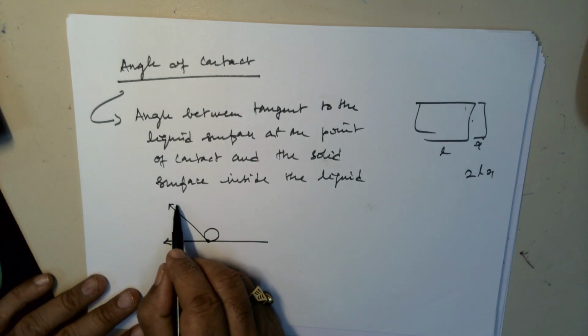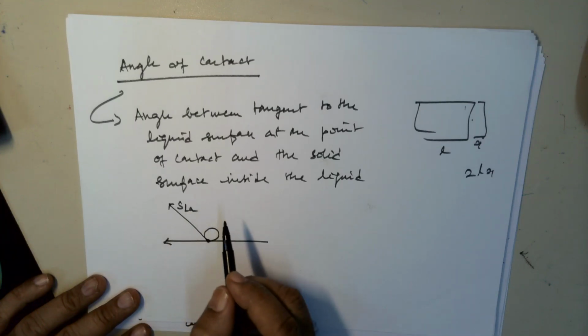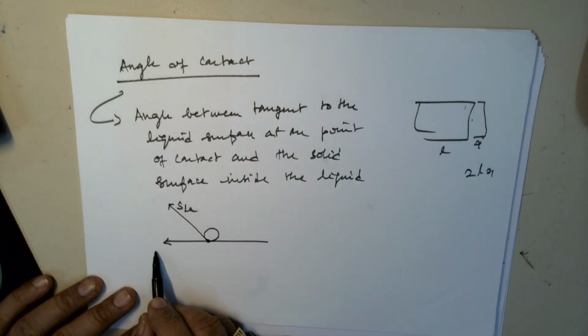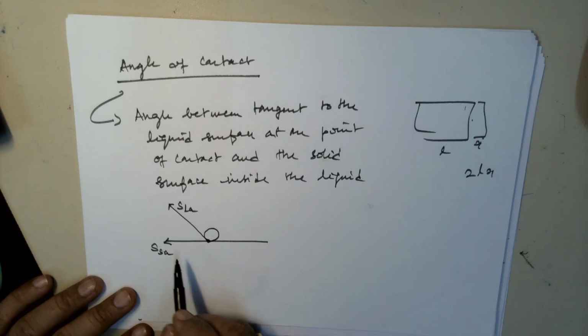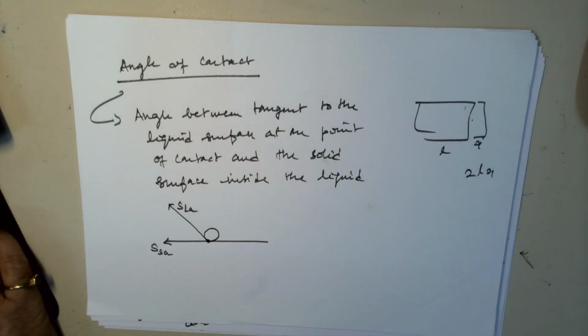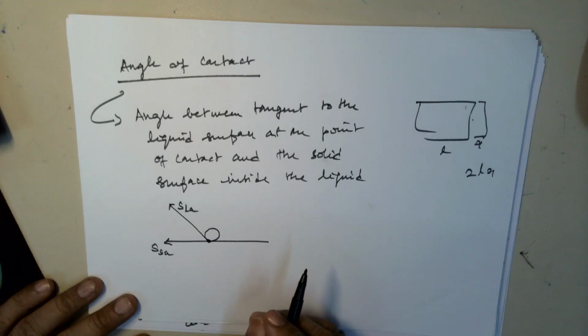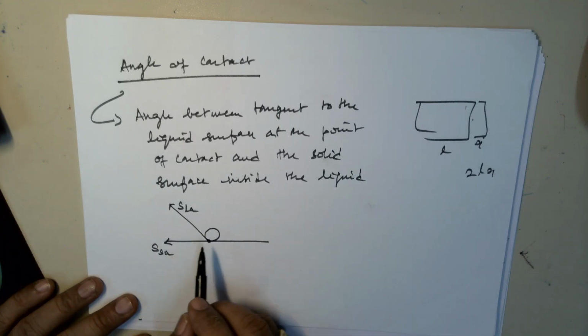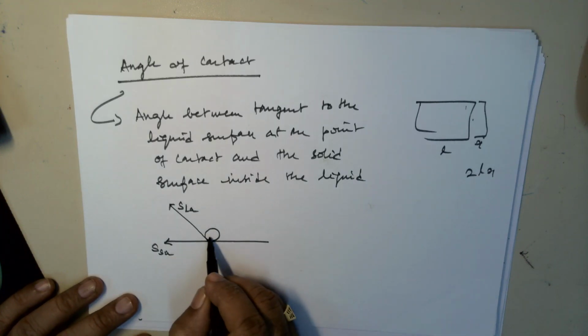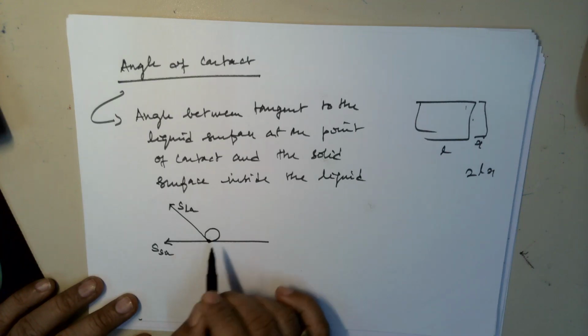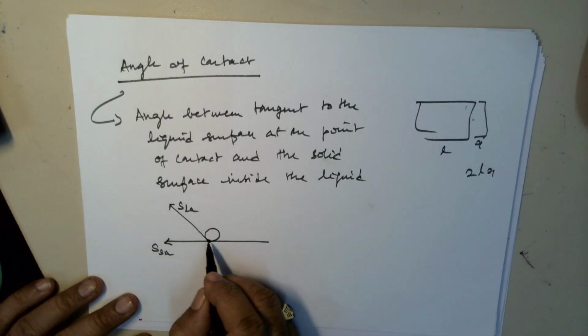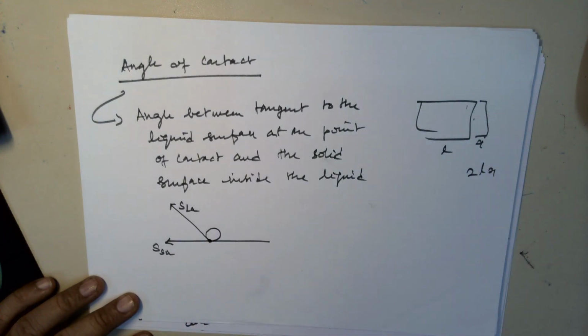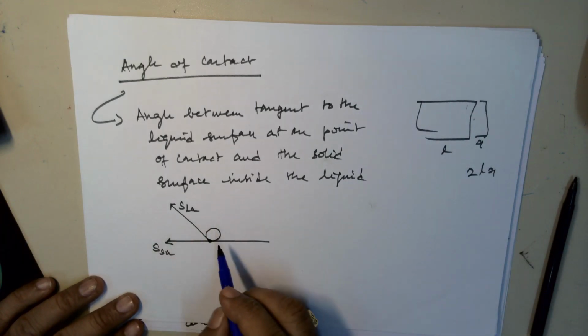So you can have this as SLA, and this is SSA. Now the angle is here, this one. This is theta.